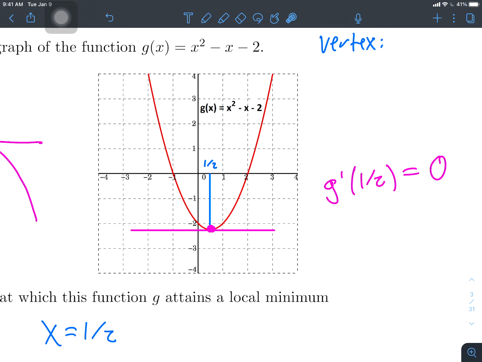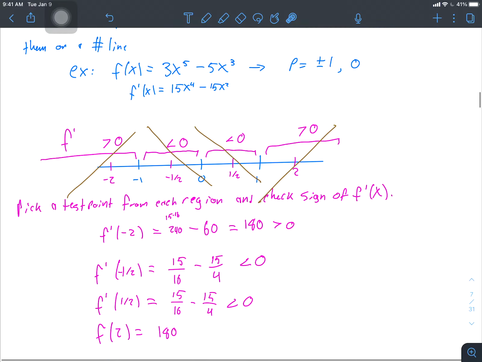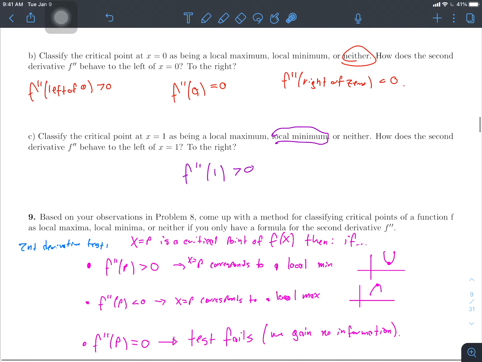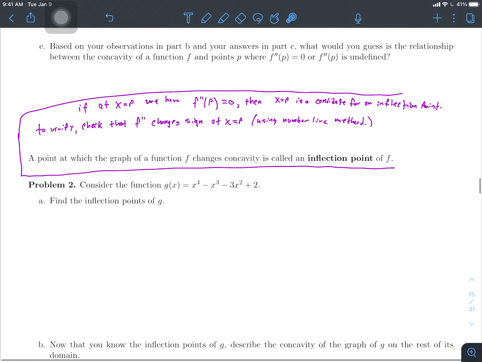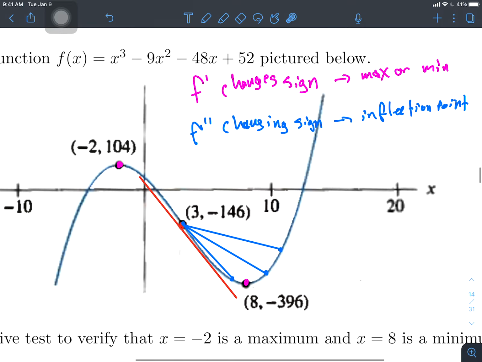Okay, so that was minimums and maximums. Then in section 4.2, we talked about inflection points. Now, what were inflection points? Inflection points were points where the second derivative changes sign. So let's quickly look at what's happening here.